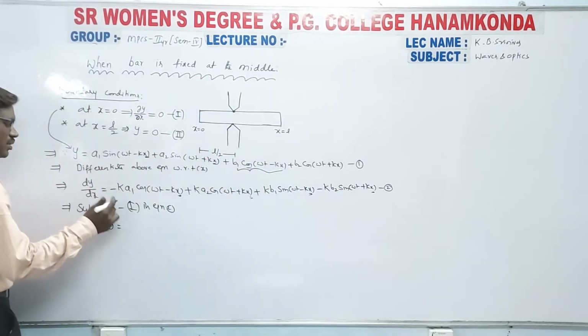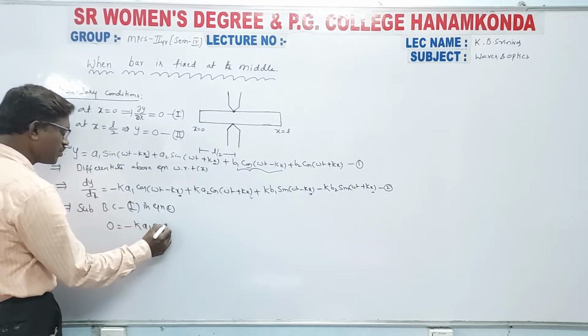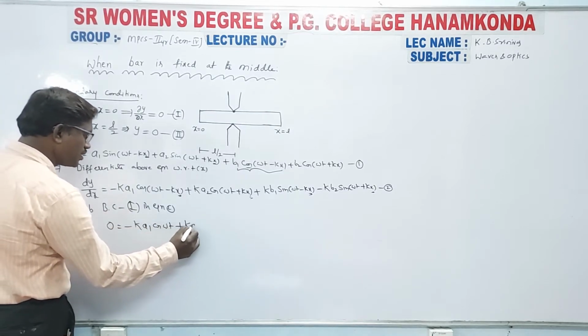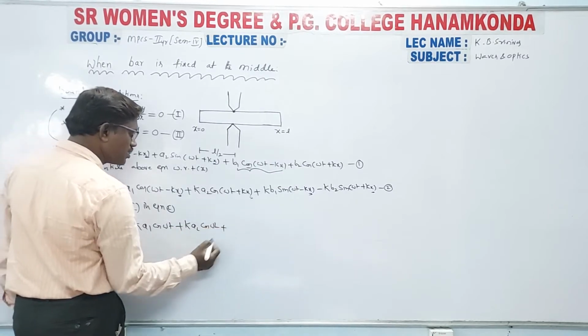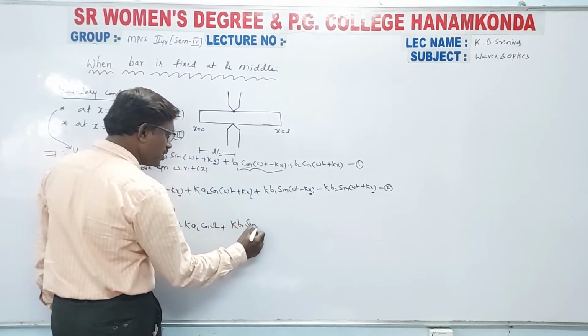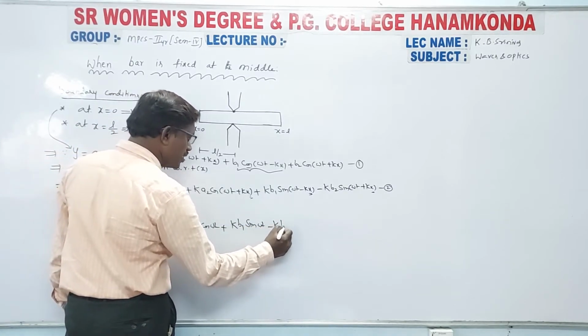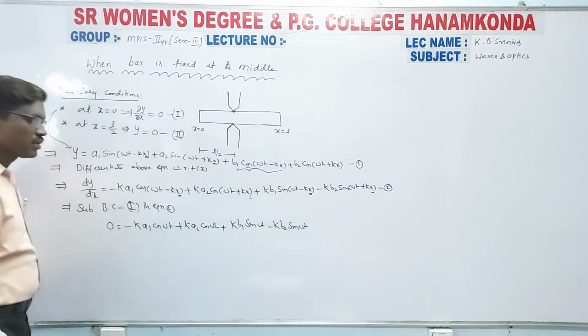So finally equation 2 becomes: minus k a1 cos ωt plus k a2 cos ωt, third term plus k b1 sin ωt, and last term minus k b2 sin ωt. Clear?